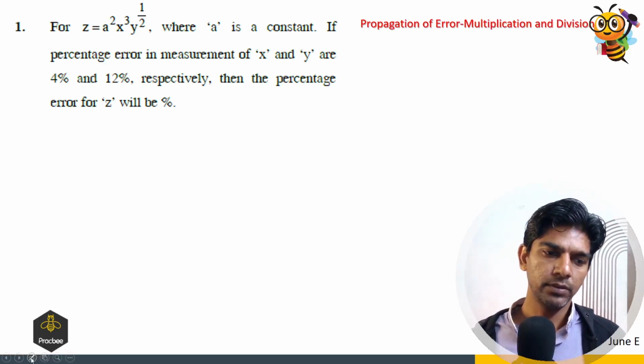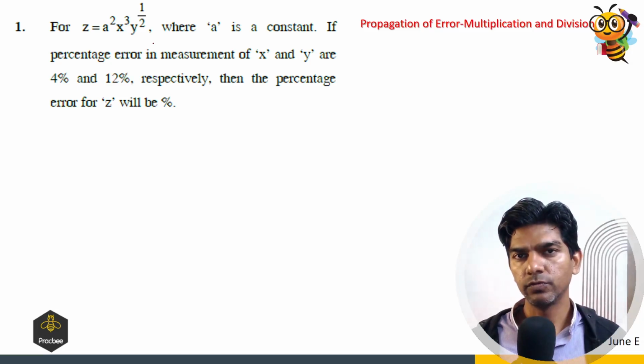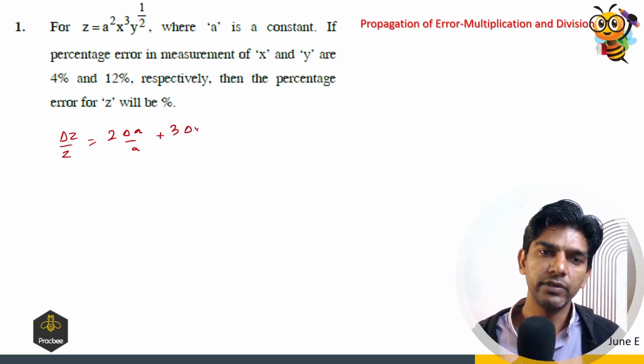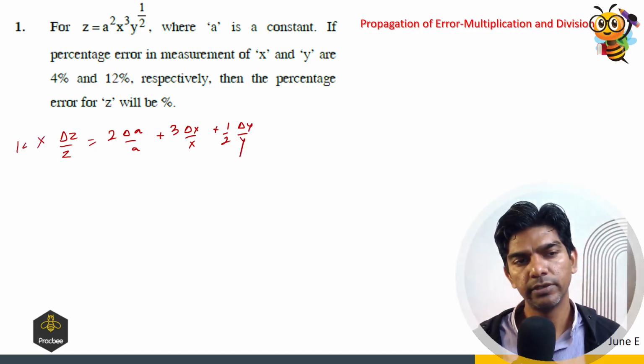Let us see this question. So here we have given z as a square x cube y raised to power 1 by 2. So the relative error in z will be equal to 2 times relative error in a plus 3 times relative error in x plus 1 by 2 times relative error in y. If we multiply this equation with 100, we will get the percentage error.